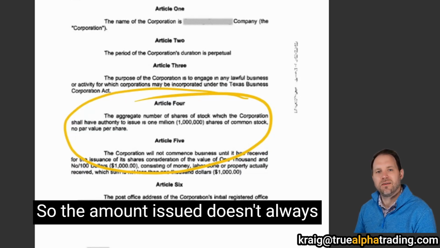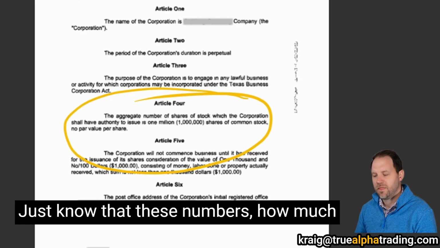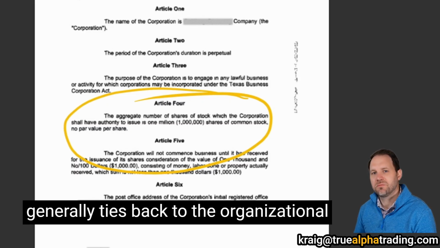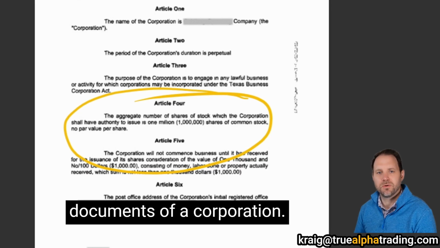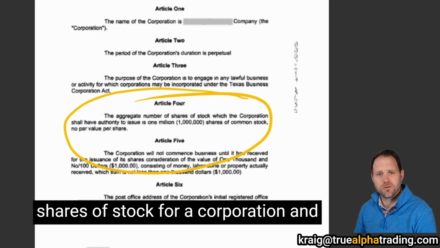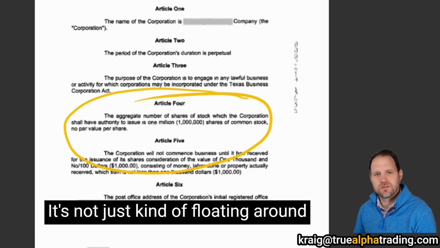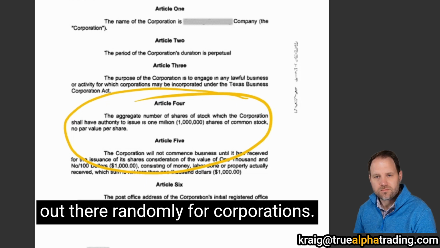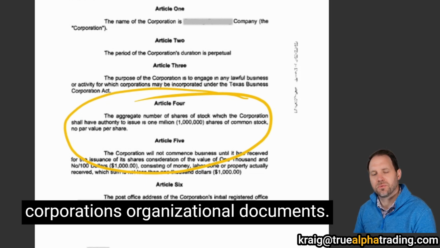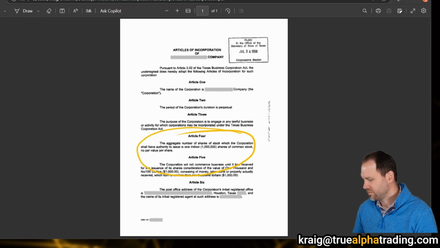So the amount issued doesn't always match the amount authorized. Just know that these numbers, how much is authorized versus how much is issued, generally tie back to the organizational documents of a corporation. I hope this is helpful, so you can see that the idea of stock isn't just arbitrary. It's not just floating around out there randomly. It's actually specifically defined in each corporation's organizational documents.